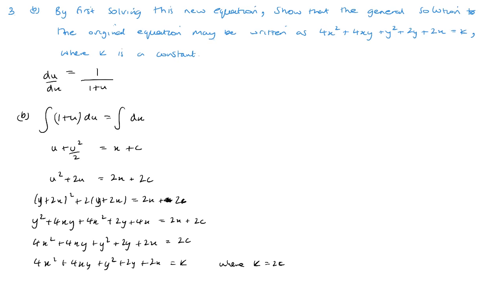It didn't give you what you were aiming for in part A. But nevertheless, I think this is straightforward. If you get a substitution, it's just going to be a few extra marks in the question, as opposed to just a differential equations question.